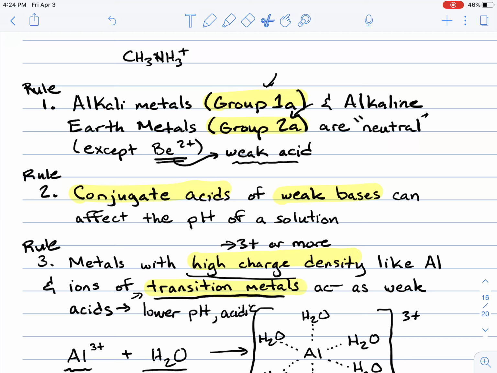Since methylammonium is not an alkali metal or an alkaline earth metal, we cannot use Rule 1 to justify whether or not that ion is going to affect the pH.